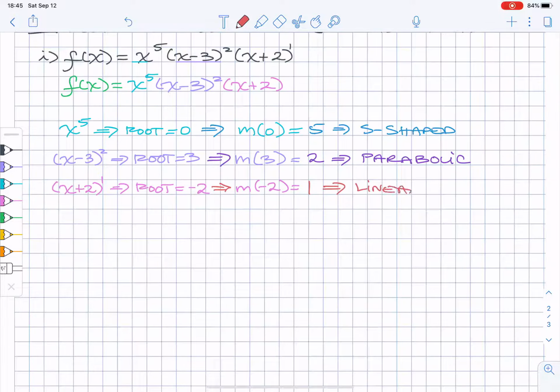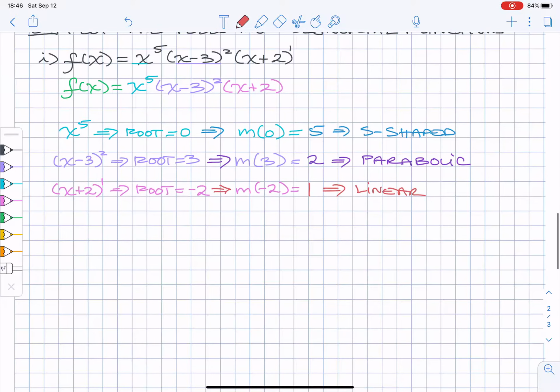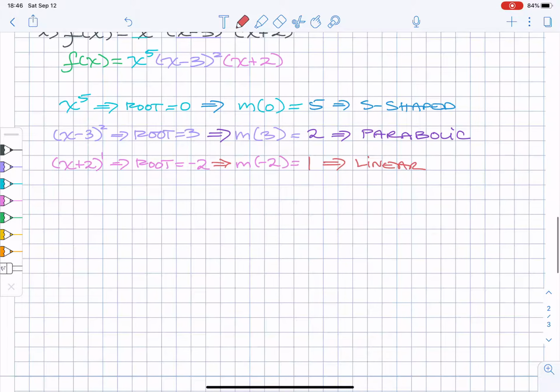But before we move on, we need to find the overall degree. For the overall degree we just add each of the exponents on each of the factors.